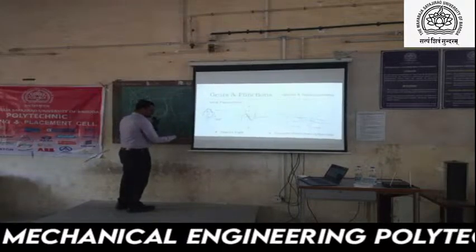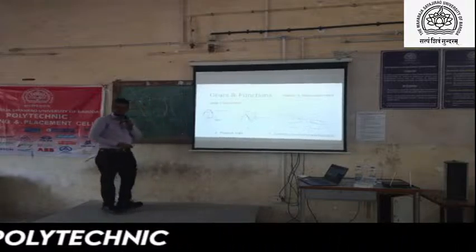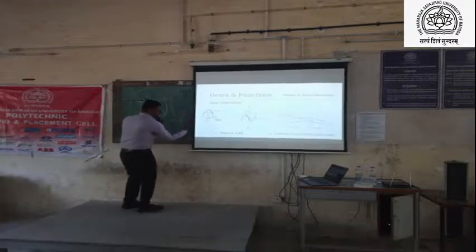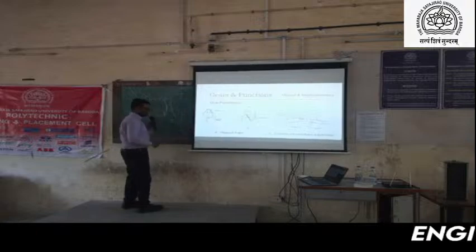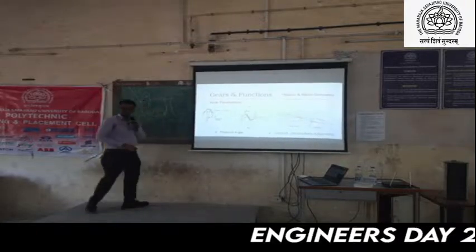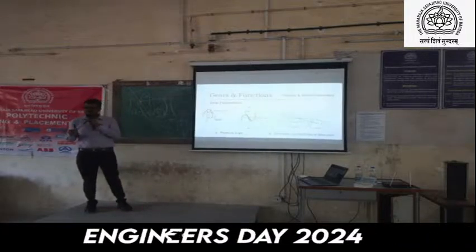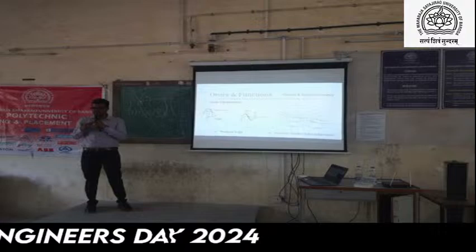In spur the tooth angle will be 0. Yes, no? Helical will have some angle like this. So the entire flank contact will be considered as the transverse contact area.